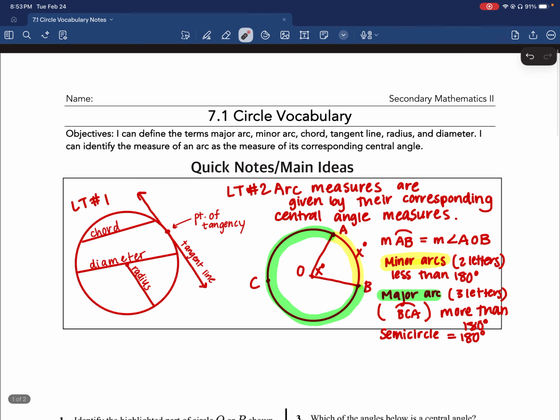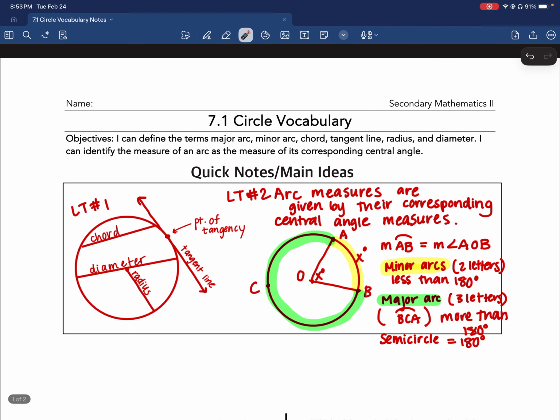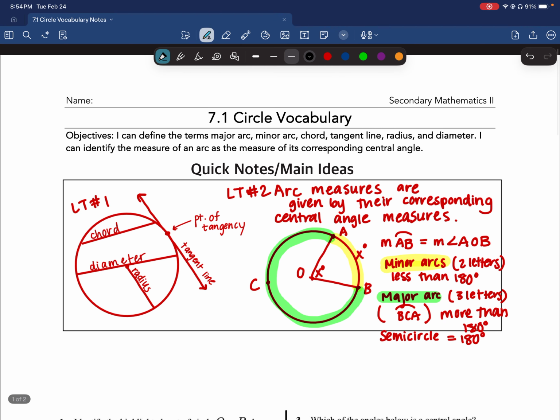Then, when you get done with your check your understanding, you are going to hop onto Delta Math. So today's homework, and today's homework only, is going to be on Delta Math. Okay? So you're going to log on, you're going to do those questions. There are a couple of review questions, okay? And they're on the quadratic formula.